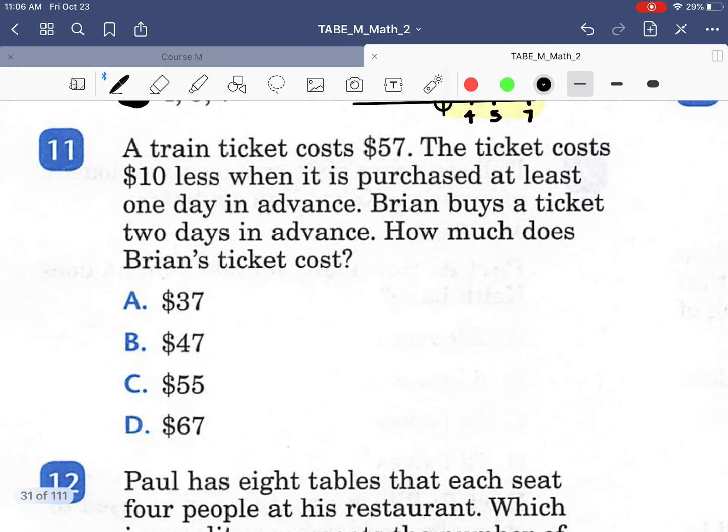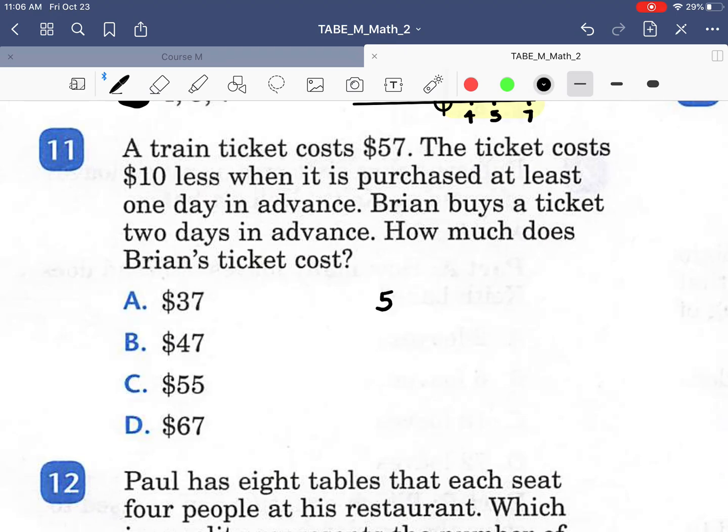Number 11. A train ticket costs $57. The ticket costs $10 less when it is purchased at least 1 day in advance. Brian buys a ticket 2 days in advance. So how much does the ticket cost?